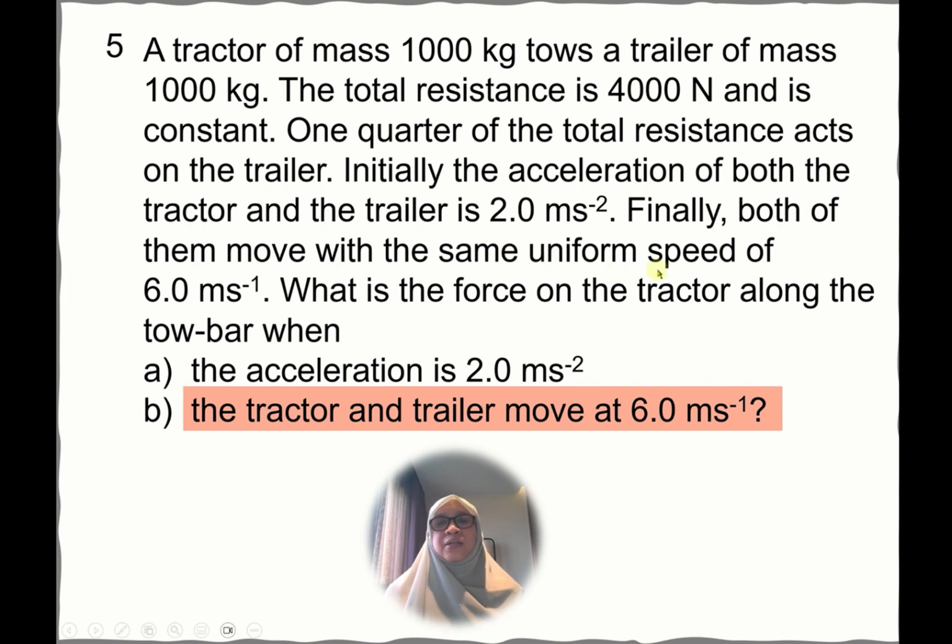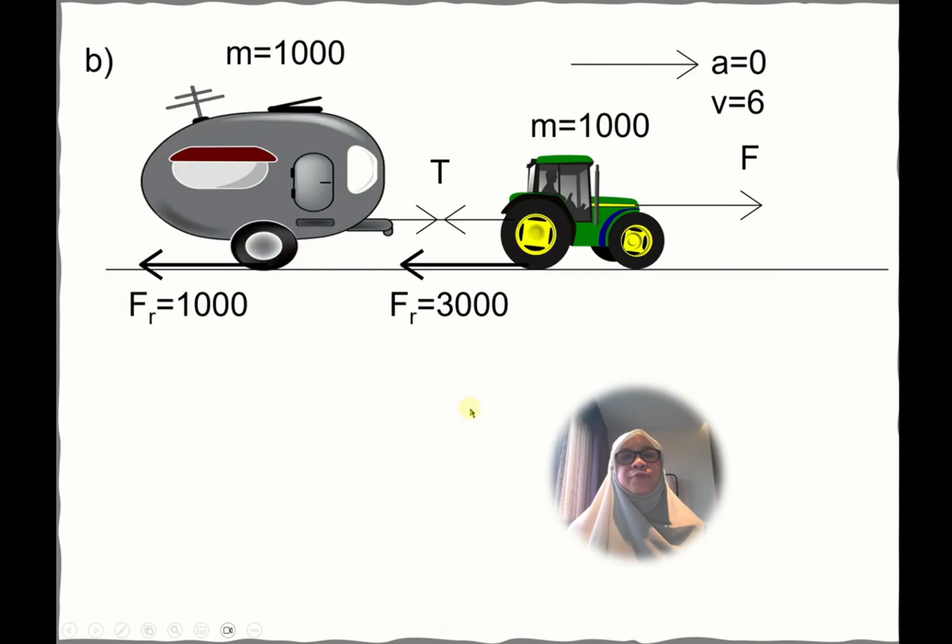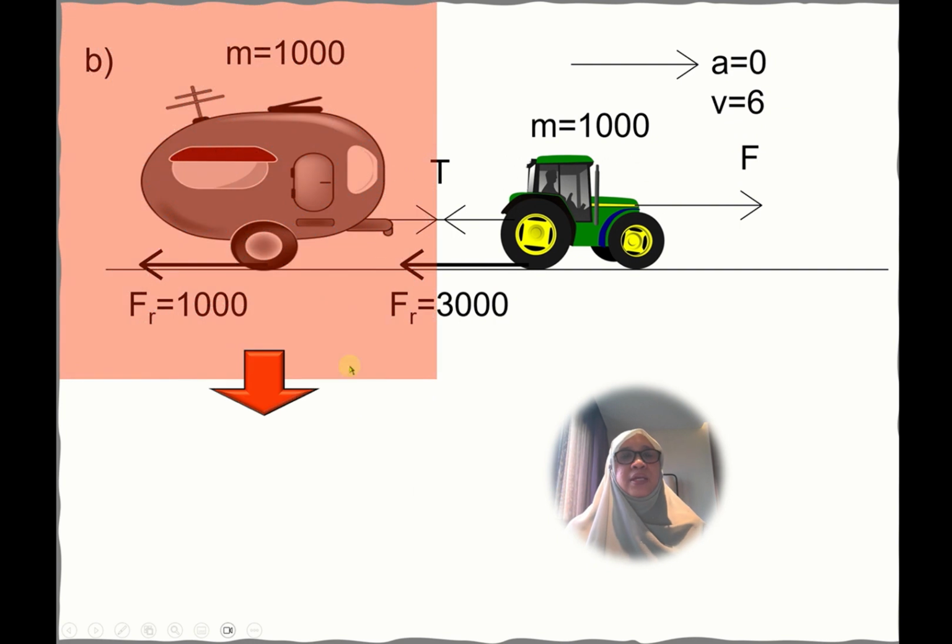Uniform speed here means that acceleration is 0. So what is the force? For the next situation, the acceleration now reaches 0 when the speed is uniform, which is 6 meter per second. Now we divide into two, separate the body diagram.